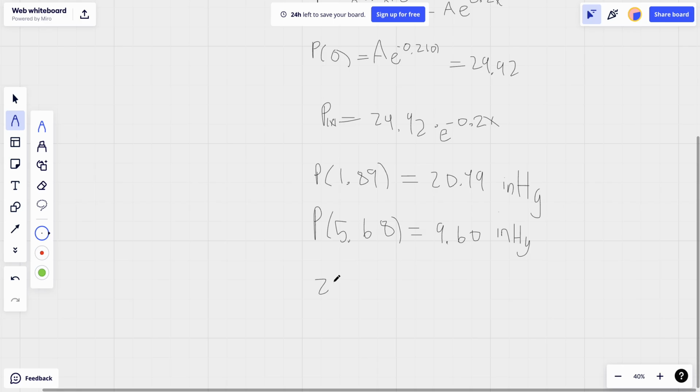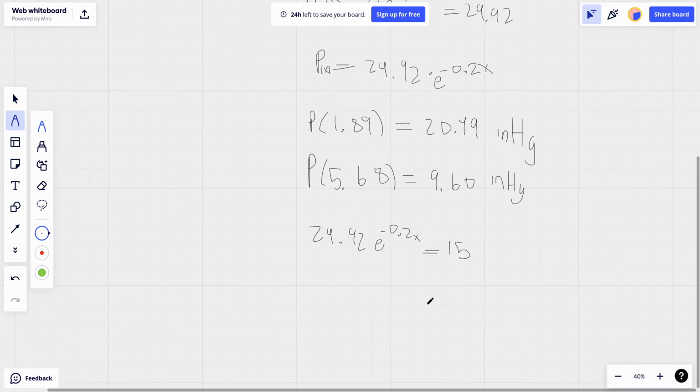So we have 29.92 times e to the negative 0.2x, and that's going to be equal to 15. And now solving for x, that gets us x is equal to 3.45 miles. There we go.